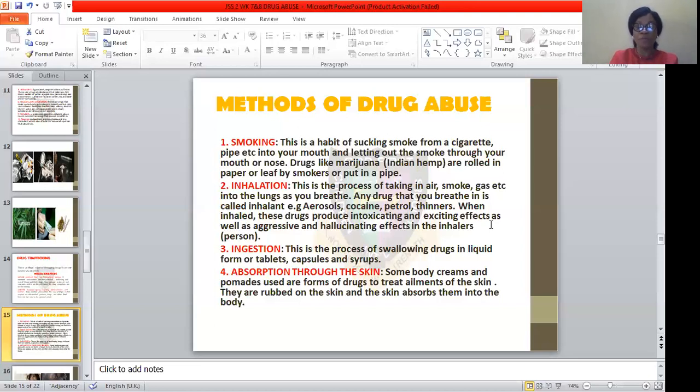Some might be in the form of body creams and pomade. It causes a long-lasting effect on our social, physical, and mental well-being when they are rubbed on the skin or absorbed through our veins into our body system.